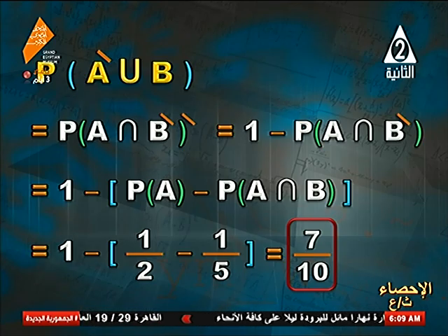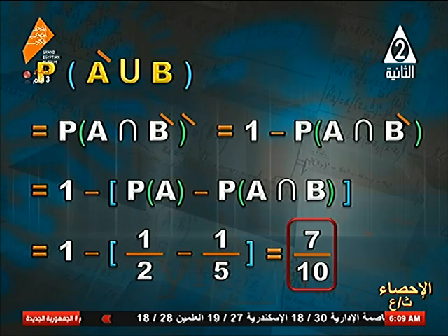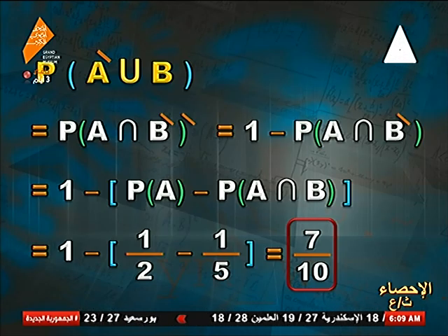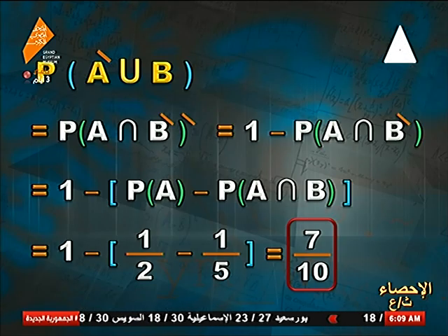My dear student, this example is very important. Why? Because it's clear: what is the probability of the complement of A complement union B? The answer is the probability of the complement of (A intersect B complement), which equals 1 minus the probability of A intersect B complement.